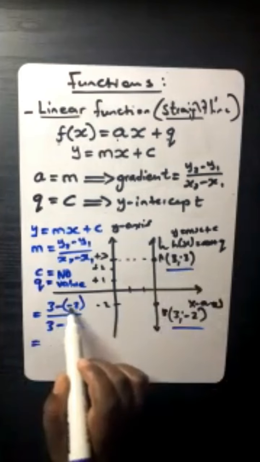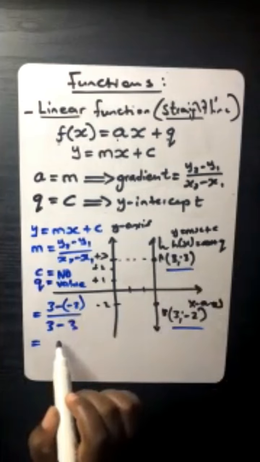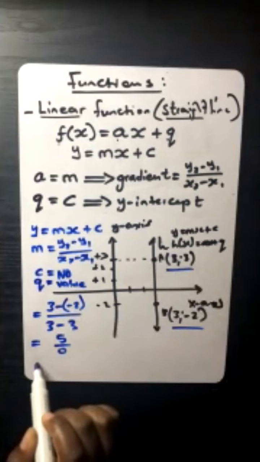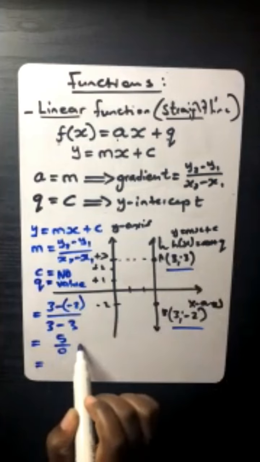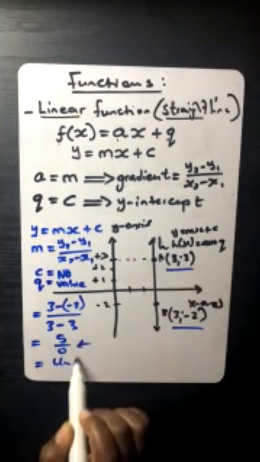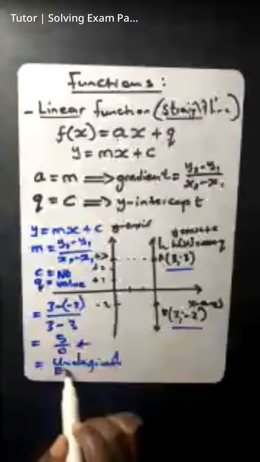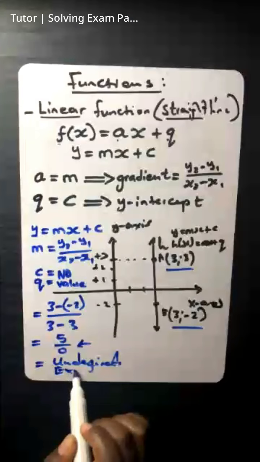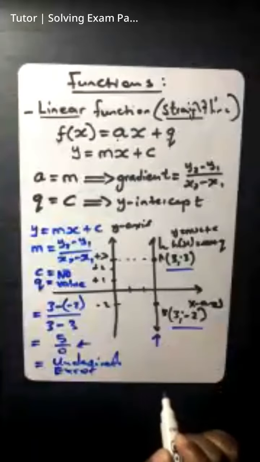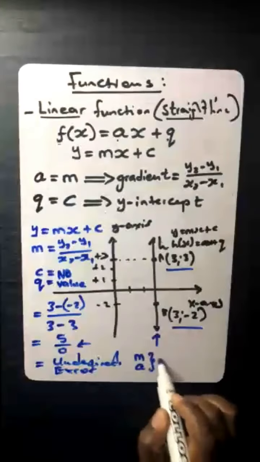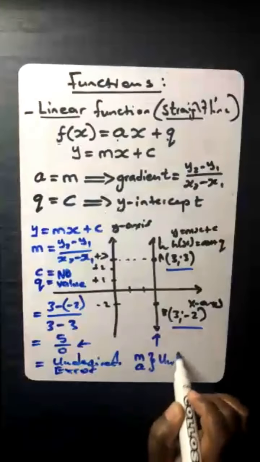So we're going to have 5 divided by 0. Anything divided by 0 is undefined, or otherwise it gives you an error. So for this type of graph, m or a is undefined.